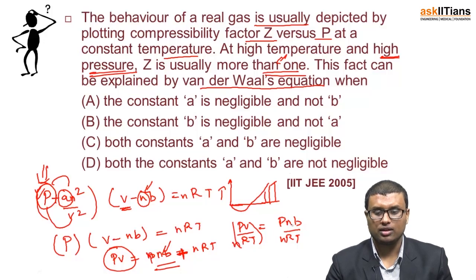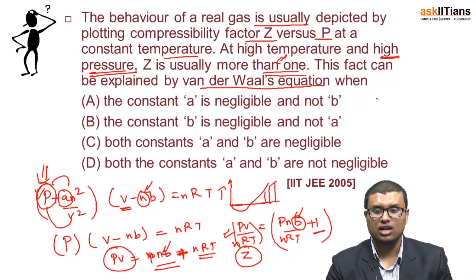So PV by nRT is nothing but PnB by nRT plus 1, taking the nRT term to the left hand side. So here also you can say that your Z value is greater than 1 and it depends only on the constant b.